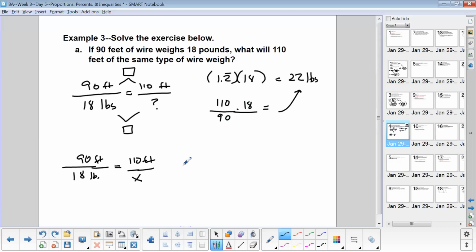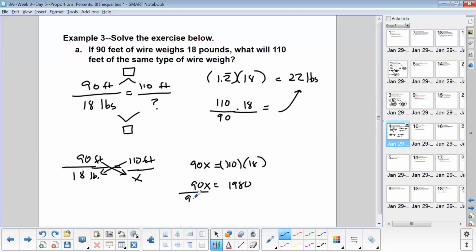So that's the second method, where if you see a proportion, which is two ratios equal to one another, I could say 90 times x, and I get 90x. And I'd say 110 times 18, and I get 90x is equal to 110 times 18, and I'm going to get 1980.